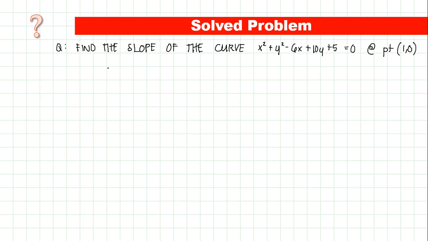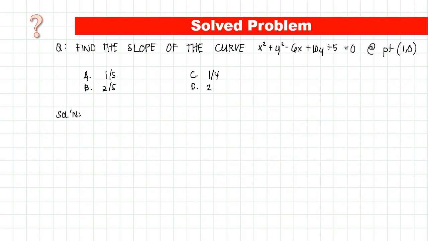So yung choices na binigay dito is, yung A, let's say 1 over 5. Sa B, let's say we have 2 over 5 siguro. Then sa C, 1/4. Then D, 2. Yan. So, solve natin ito using implicit differentiation, no?